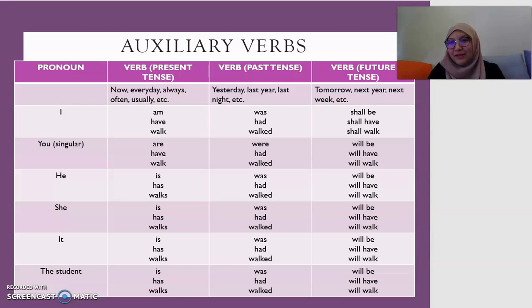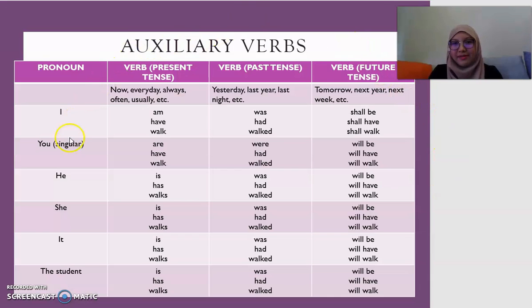Auxiliary verbs are also known as helping verbs. These verbs are such as is, am, are, was, were, have, and has. The verbs to be and to have are the most common verbs in English.